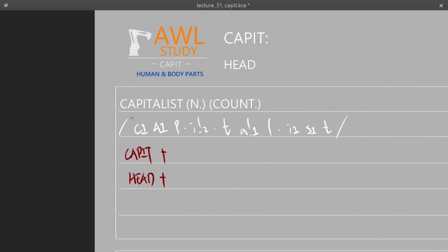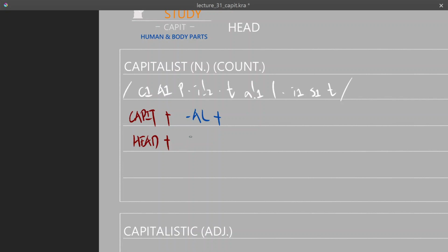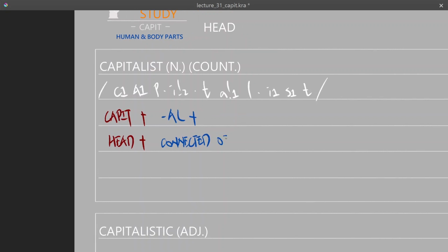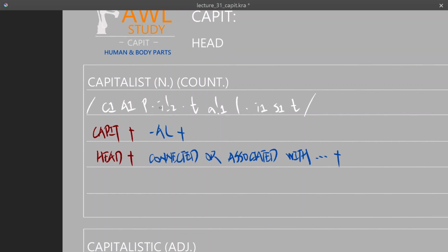And we have AL, meaning connected to or associated with something, as a noun suffix. And lastly, we have IST.